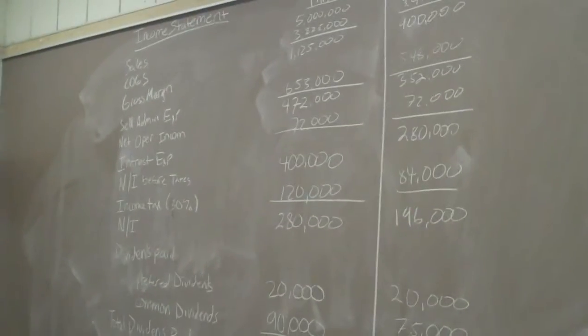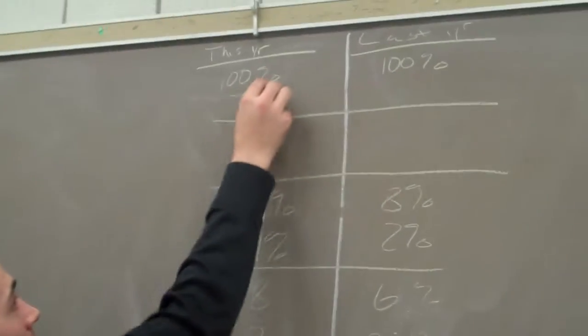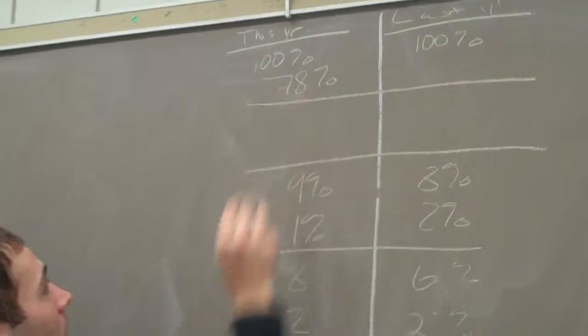Well, for cost of goods sold for this year, wouldn't you divide 3,875,000 divided by 5 million? That is correct. To get this year's percentage, which would be 78%. That would go right here. And doing the same for last year would get you 79%.